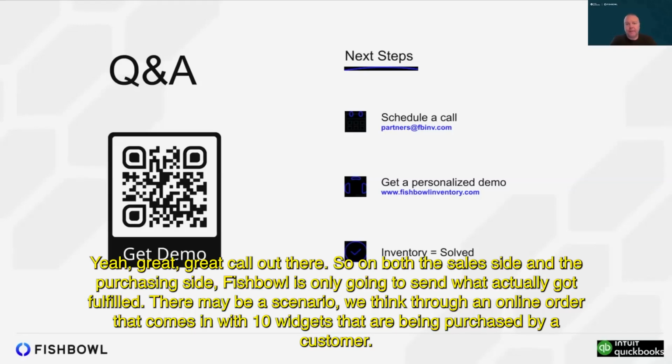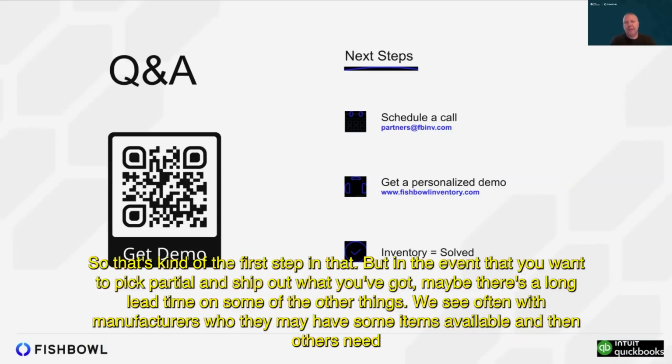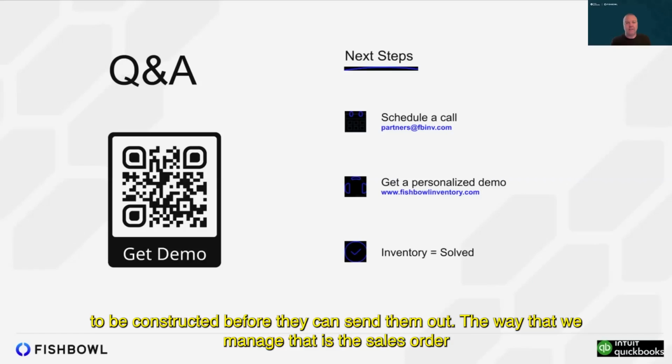There may be a scenario, if we think through an online order that comes in with 10 widgets that are being purchased by a customer, maybe only 7 of those are available right now today. You have a choice during the picking phase to only pick completely fulfillable. So that's the first step in that. But in the event that you want to pick partial and ship out what you've got, maybe there's a long lead time on some of the other things. We see often with manufacturers who may have some items available and then others need to be constructed before they can send them out.